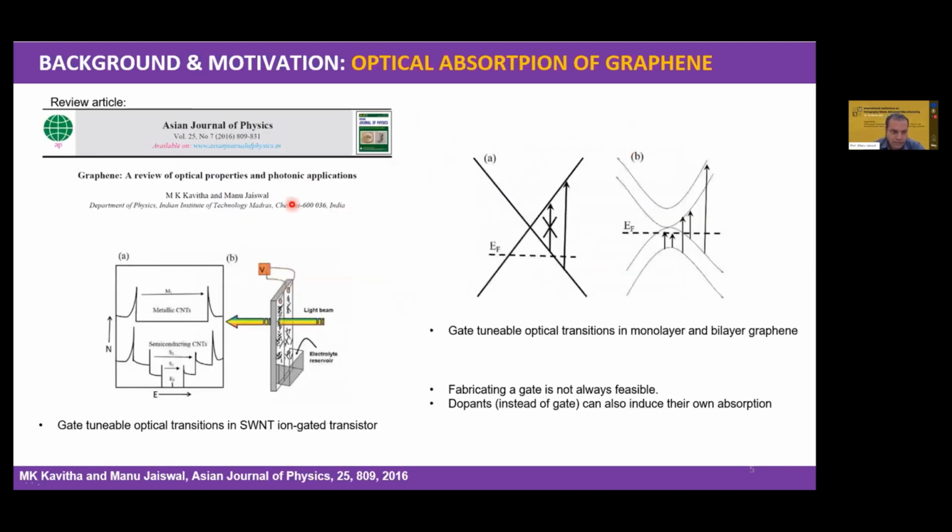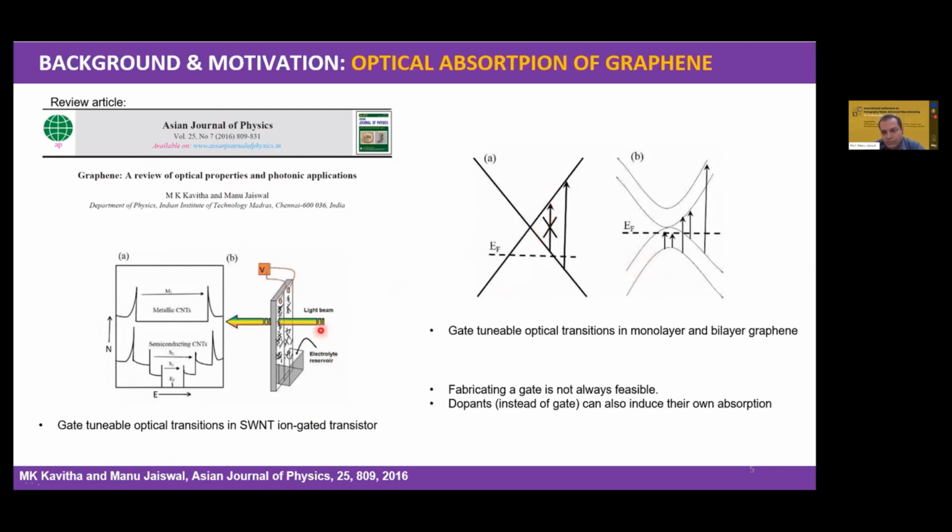A lot of these things are available in one of my review articles, but I'll just cite a couple of them. A gate is one means of changing the optical transmission, for instance by using Pauli blocking or by shifting the Fermi level to different points of the band.